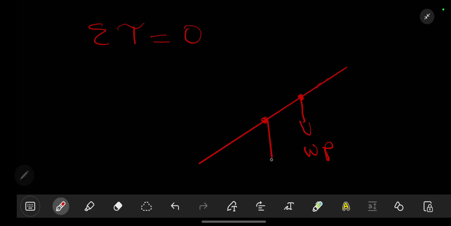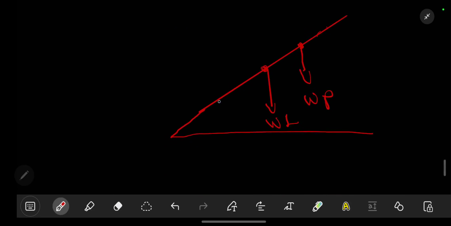Since they haven't told us, we are going to assume that it's uniform, so the weight of the ladder, like that. Then we are going to have the weight of the ladder, like that.